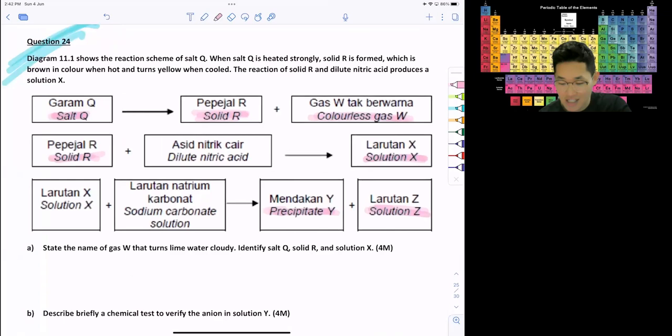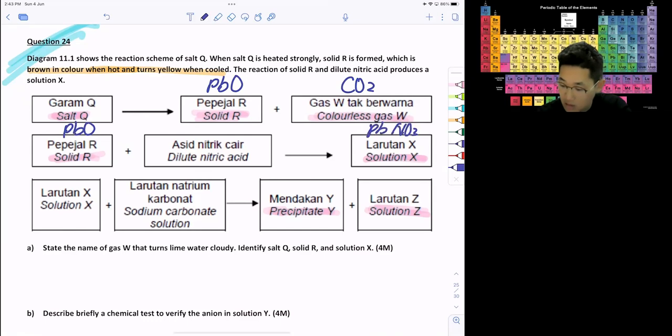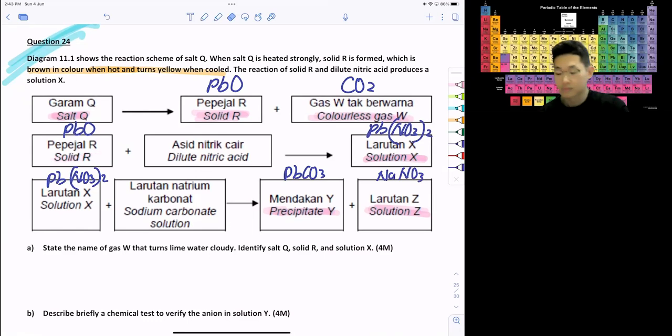So this one, the question says, it is brown when hot, yellow when cold. Is that okay?